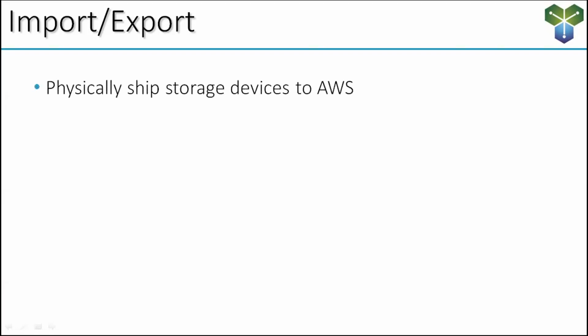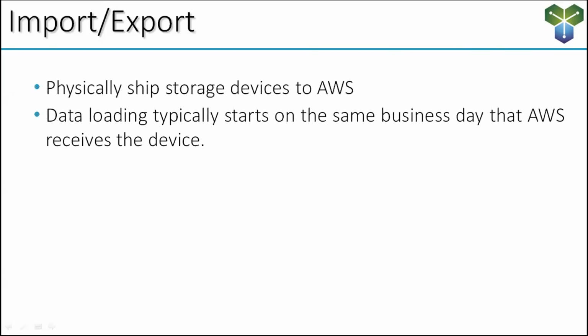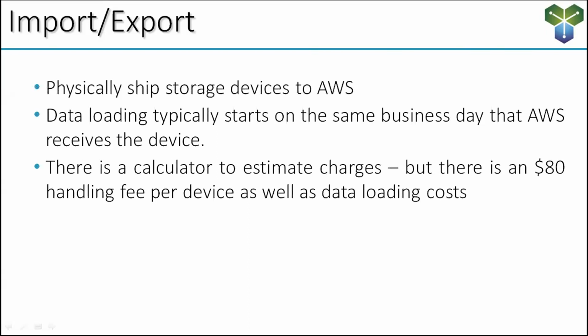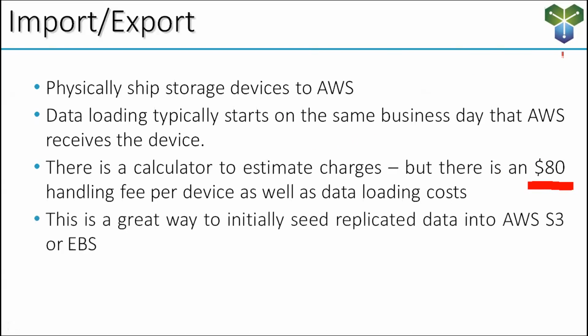Okay, we've also got the import-export disk option. So this has been around forever. Basically, what you do is you put your data on a physical storage device, you ship it to AWS, and typically the day that they get it, they start transferring all of your data into either EBS or S3. They're kind of pushing more towards the Snowball physical appliance at this point, but if you choose to do this, you're going to pay an $80 fee per device handling, as well as whatever it costs to actually load the data in there.